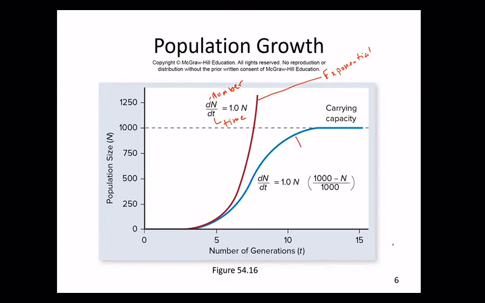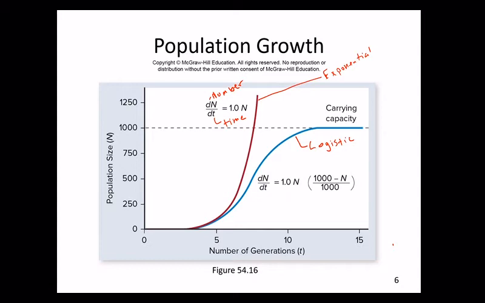The other type of curve, which I would say is more realistic, is a logistic curve. The logistic curve represents a population in which there's a maximum number of individuals that can be sustained and maintained in a certain geographic area.